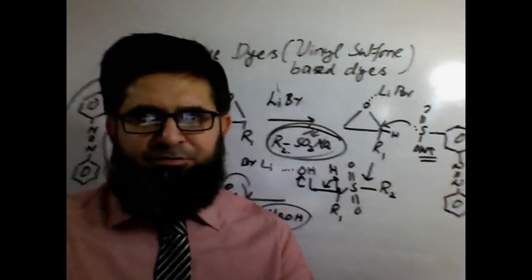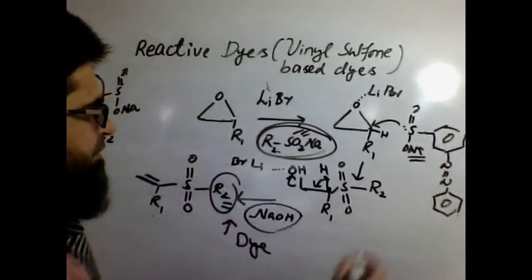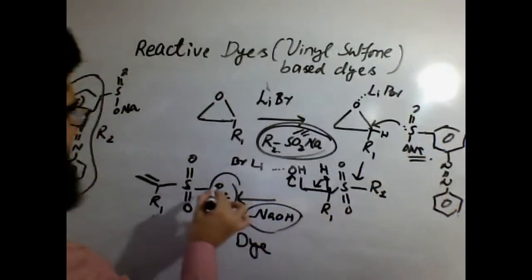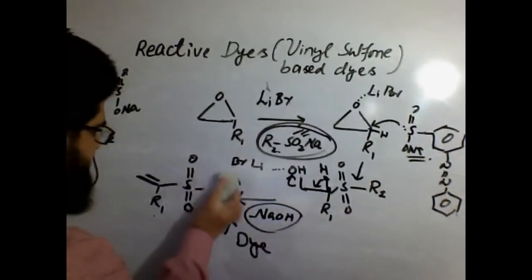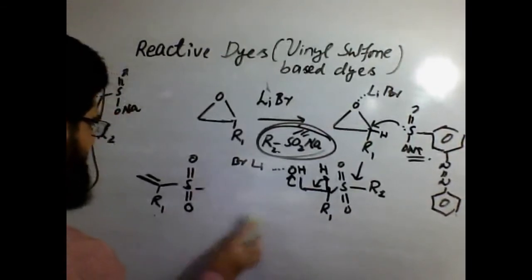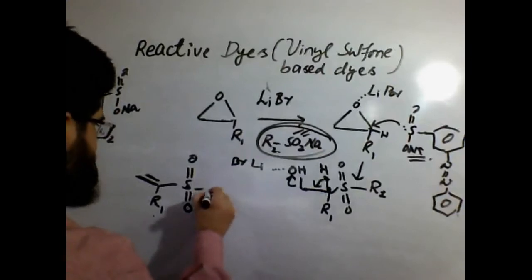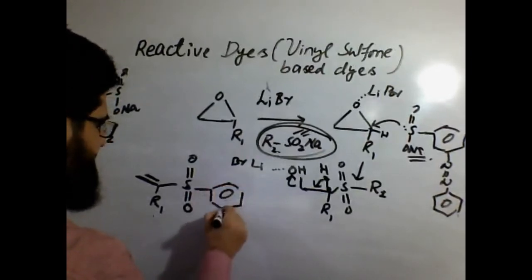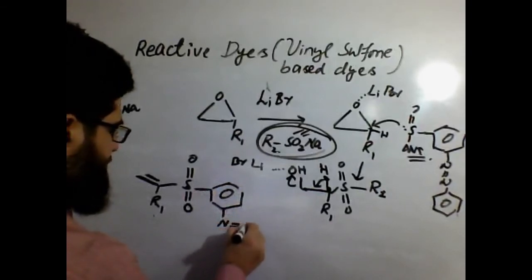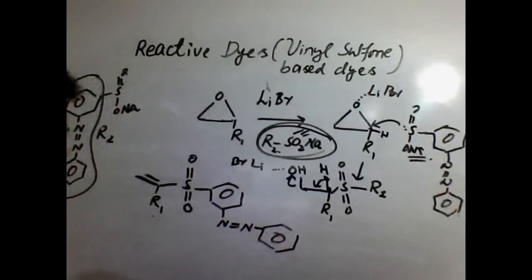So this will be this sort of compound. Same will be here, so I can write the final product as it will look like, having substituents on the meta carbon.